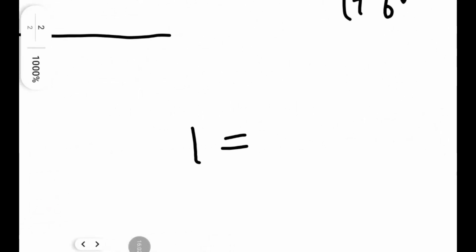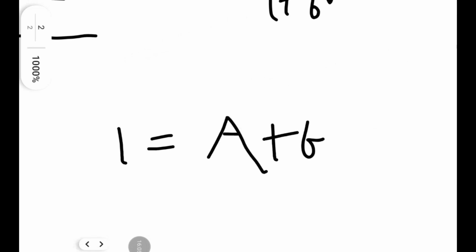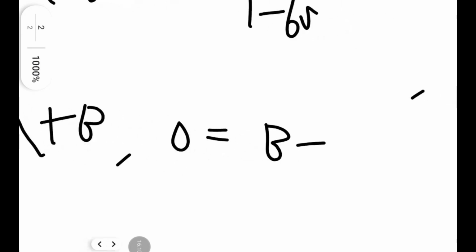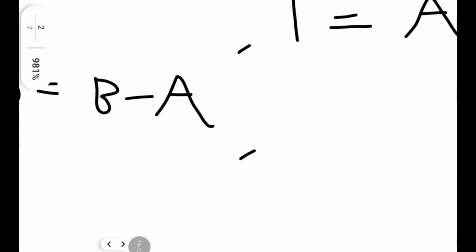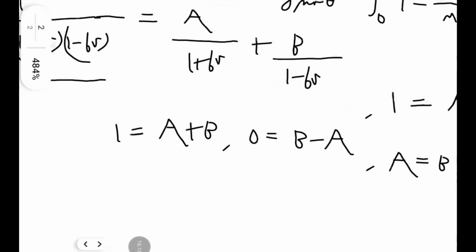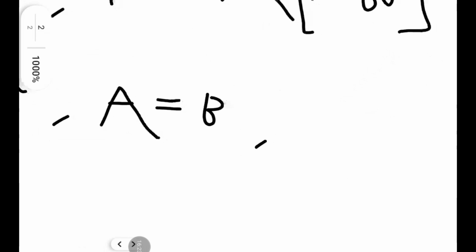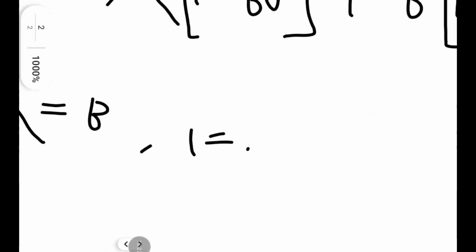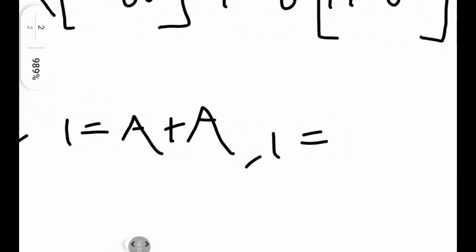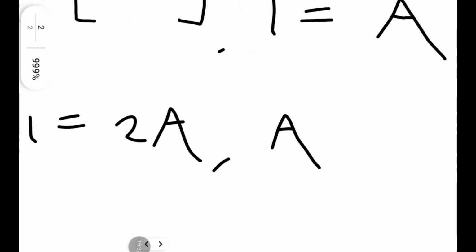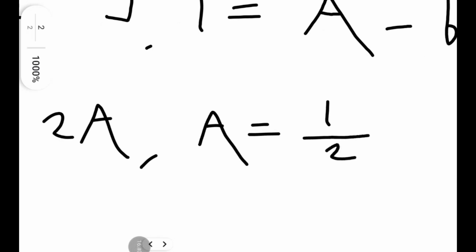We know 1 is equal to A plus B, and we know therefore that 0 is equal to B minus A. So therefore A equals B. And therefore we can substitute in, so 1 is equal to A plus A, 1 equals 2A, and therefore A equals 1/2.